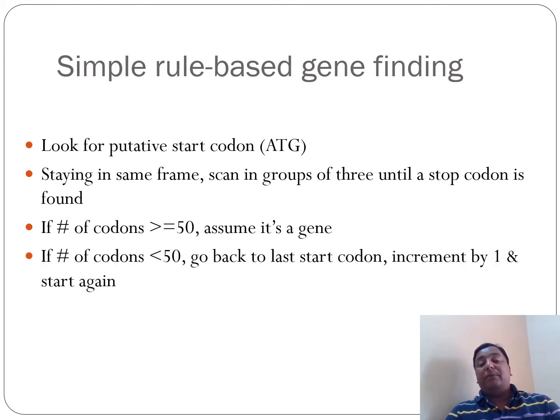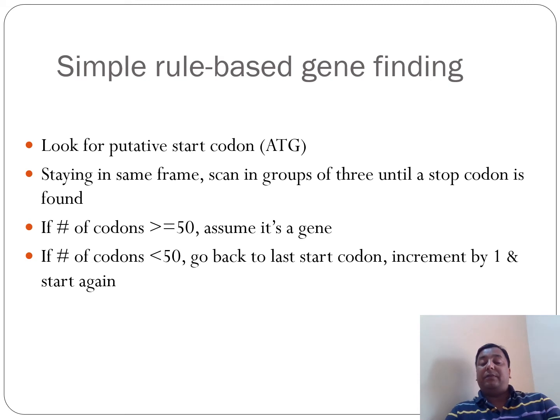And if the number of codons is less than 50, it will go backward to the start codon and increment by 1. Then if a start codon is there, it will go to the next frame till the stop codon. So these are the rule-based methods.